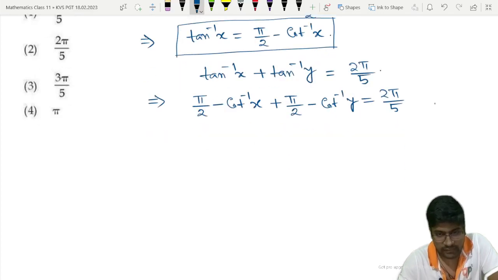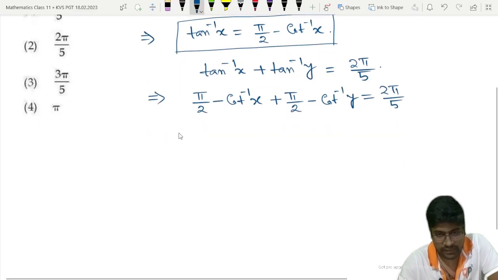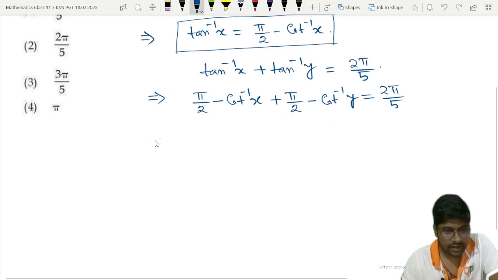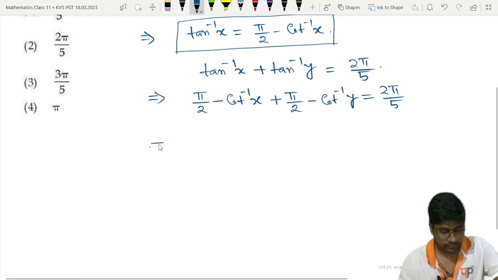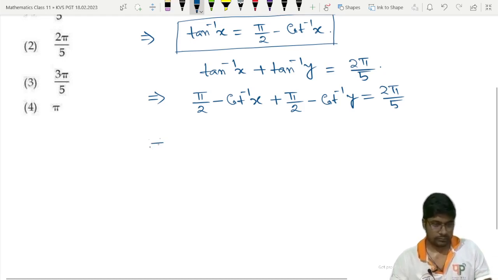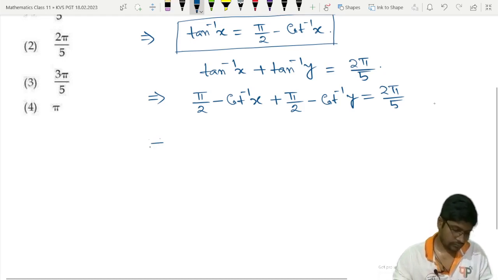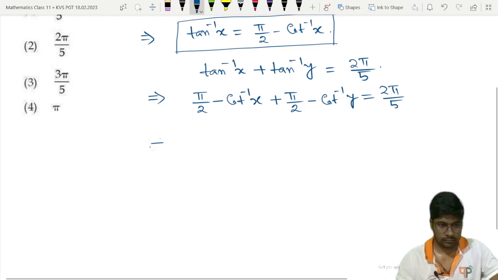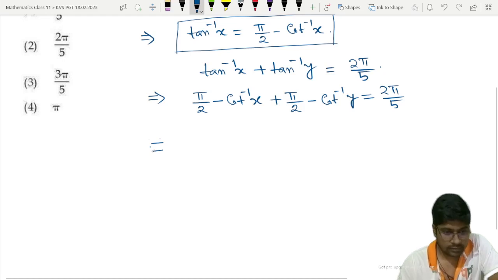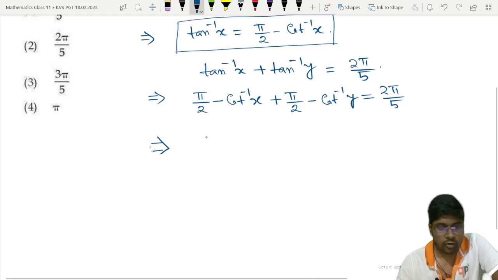Now just simplify it. We need the value of cot inverse x plus cot inverse y.